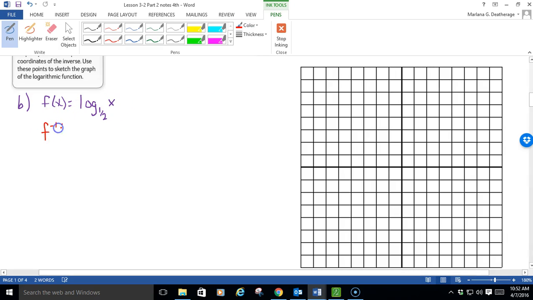The inverse is what? What's the base? 1/2 to the x. Now this one, let's just put in our calculator real quick. So we're going to do the inverse first and then switch to x and y's.